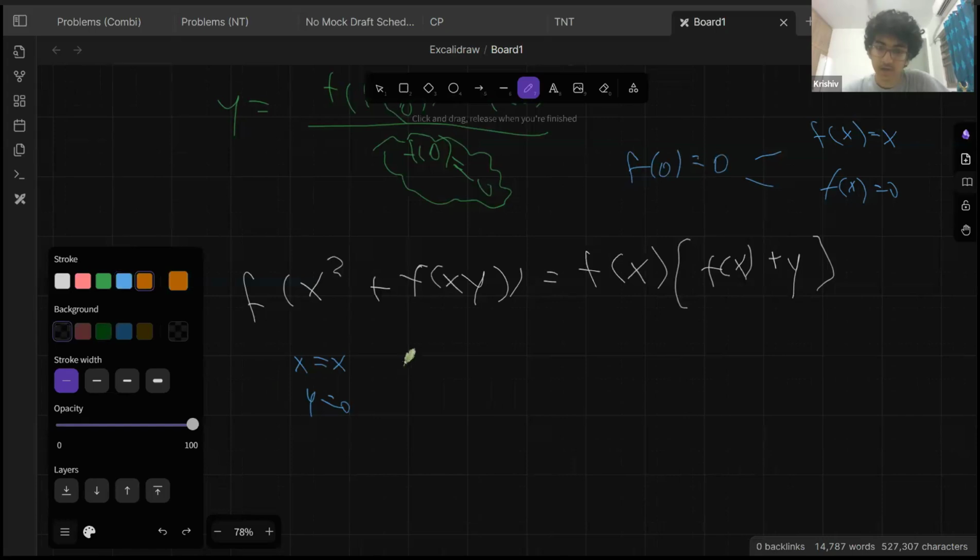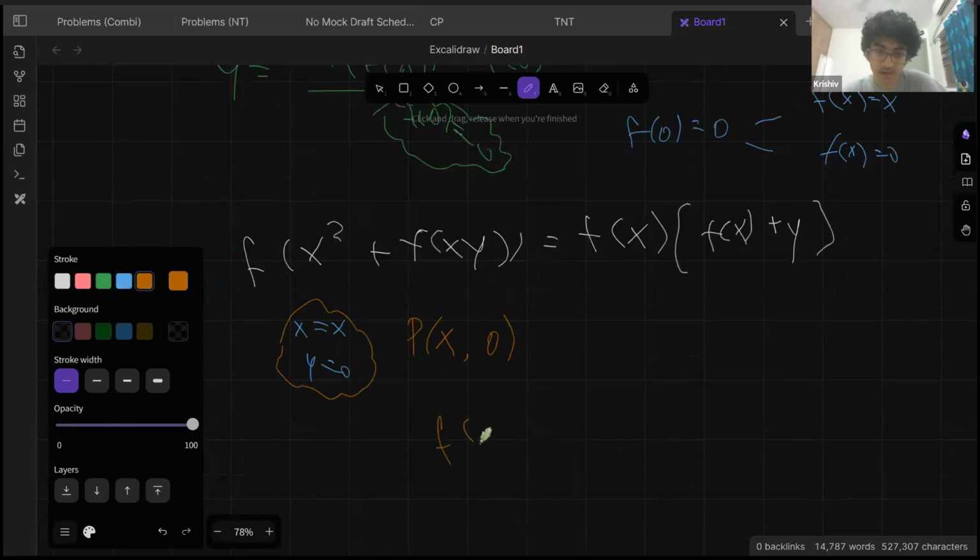And for the sake of conciseness, what we'll do from now on when we write our substitutions like this, we'll call it p of some x comma y. We were substituting x for x and y for y. So this substitution will denote by p of x comma 0. And what this substitution gives us is f of x squared plus f of x times 0 is equal to f of x times f of x plus 0.